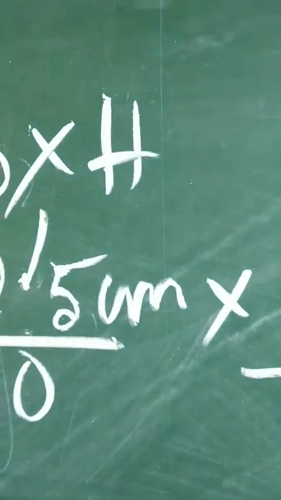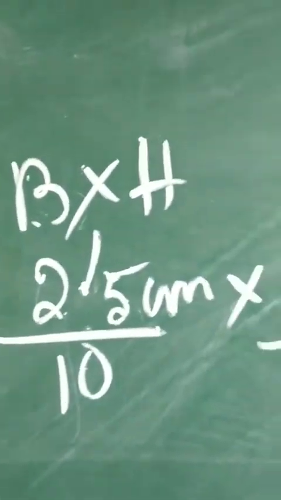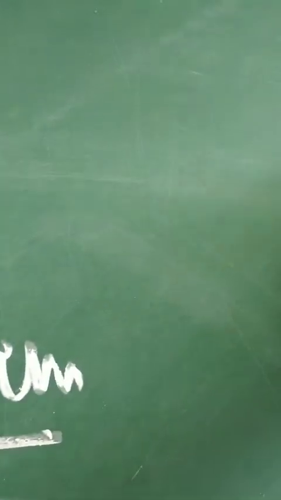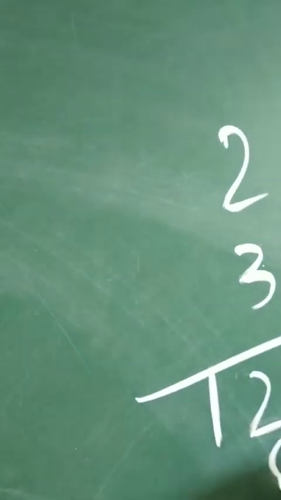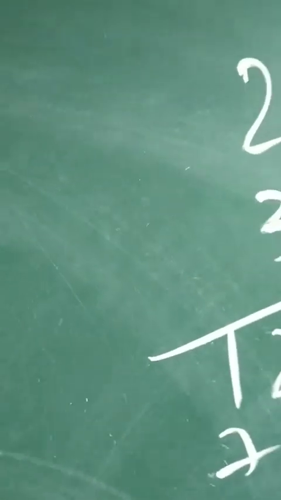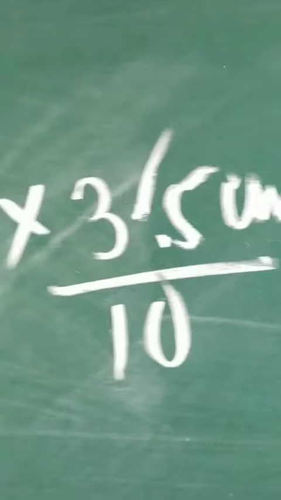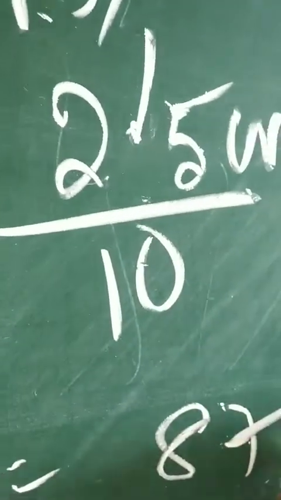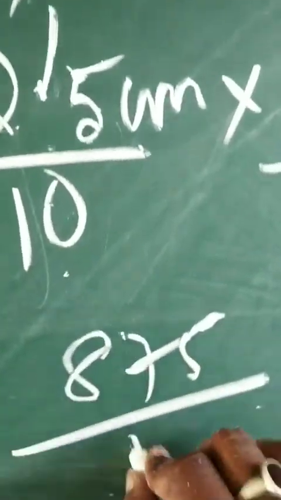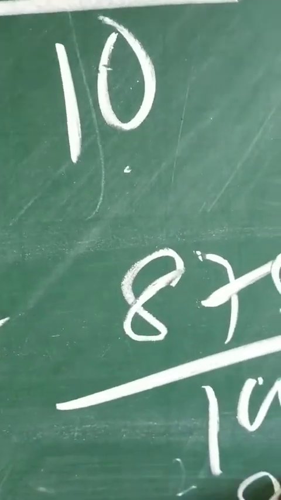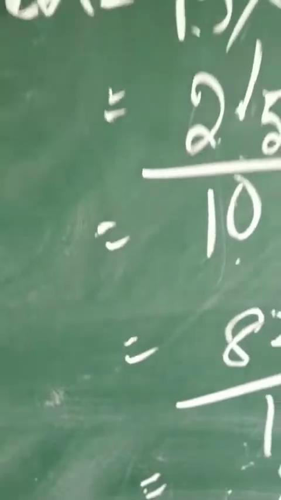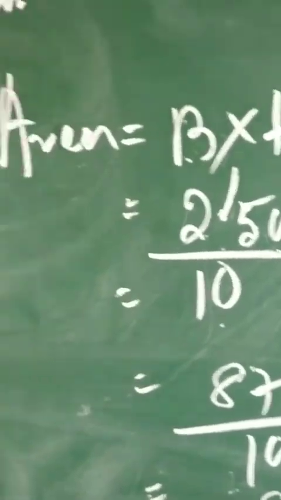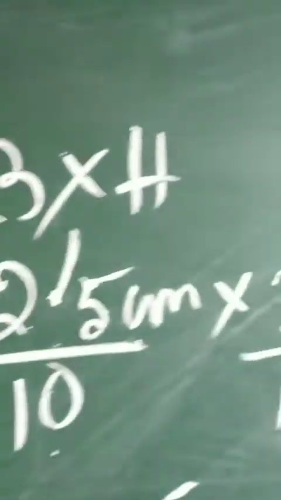Now the product of 25 and 35 is 875. 875 divided by 10 is 87.5, and removing the second point as well gives 8.75 centimeters square. This is the area of question number C.